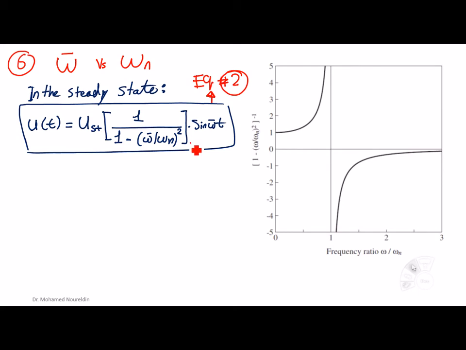This part between the brackets, we can say it is going to be given a name. We are going to call it RD. This RD is going to be 1 over 1 minus omega bar over omega n to the power 2, right?